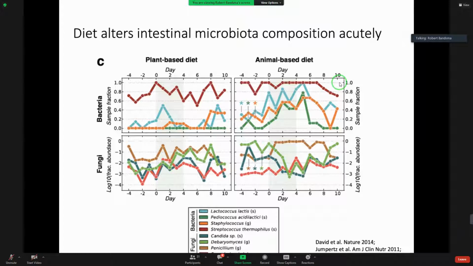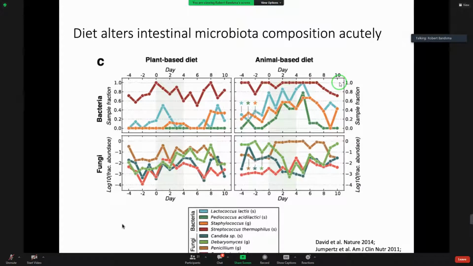So they switched from a plant-based diet to an animal-based diet. And these are fractions of specific bacteria and fungi. And you can see how many of these bacteria and even fungi changed over the course of switching between a plant-based and an animal-based diet.